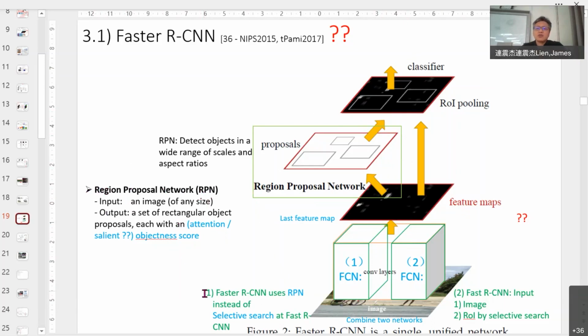Suppose this is AlexNet or VGG16. We use VGG16 and get a feature map, right? But because this is a VGG, here it can only do classification. So the input here should be only one small region.